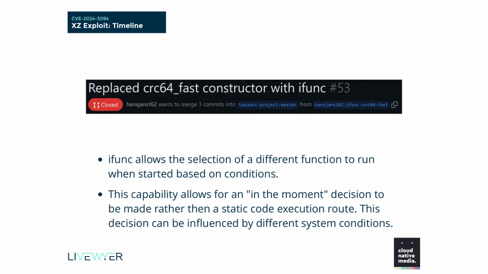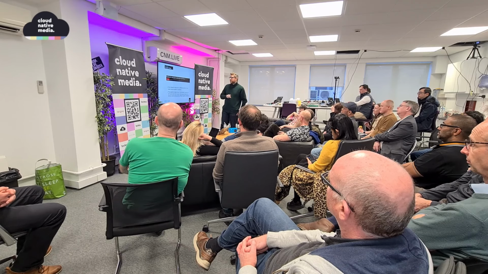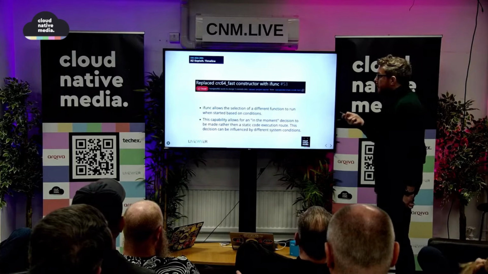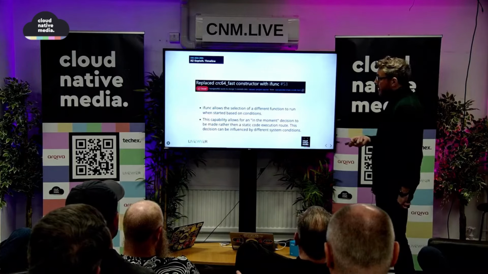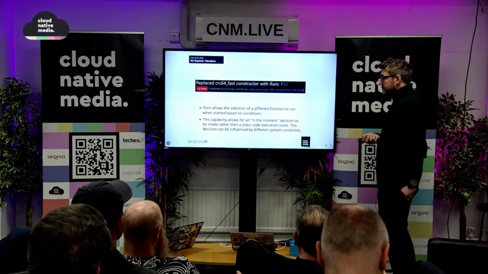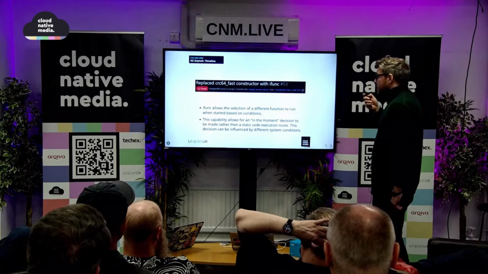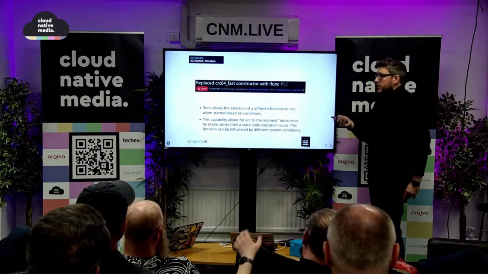Getting a bit technical, but I just want to highlight this because the timeline is important and we'll go into it a bit later. So the ifunc function allows the selection of a different function to run when started based on conditions. So what this change does essentially is, in the moment of execution in the code, a decision can be made.